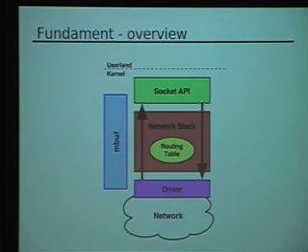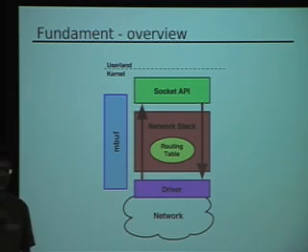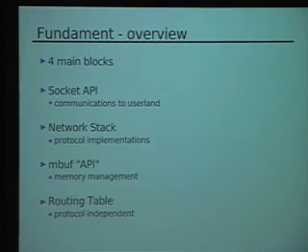In between is the big box, the network stack itself, which is a large part of the code, and actually the code where a lot of magic happens is the routing table code. And then the last bit, a very important bit, is the mbuf, which is the memory management for the network stack. So we have these 4 main blocks: the socket API, the network stack, the mbuf API, and the routing table.